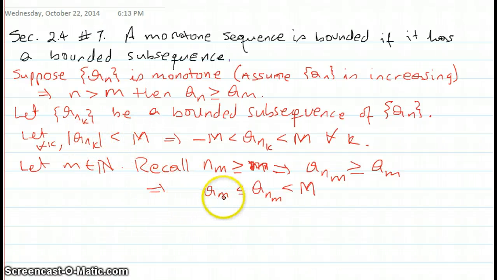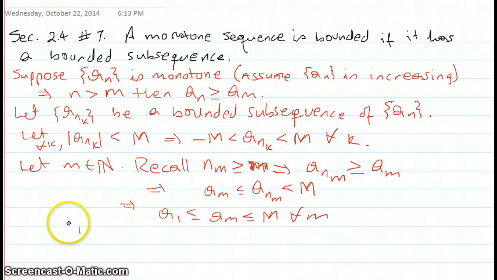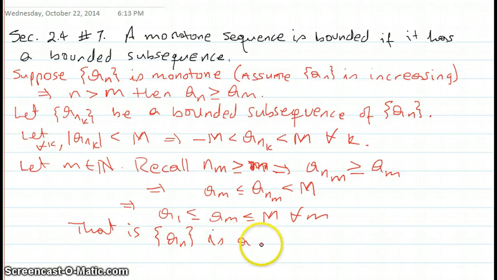Since a_n is an increasing sequence, we get that a_1 is less than or equal to a_m, which is less than or equal to M for each m. That is, the sequence a_n is a bounded sequence.